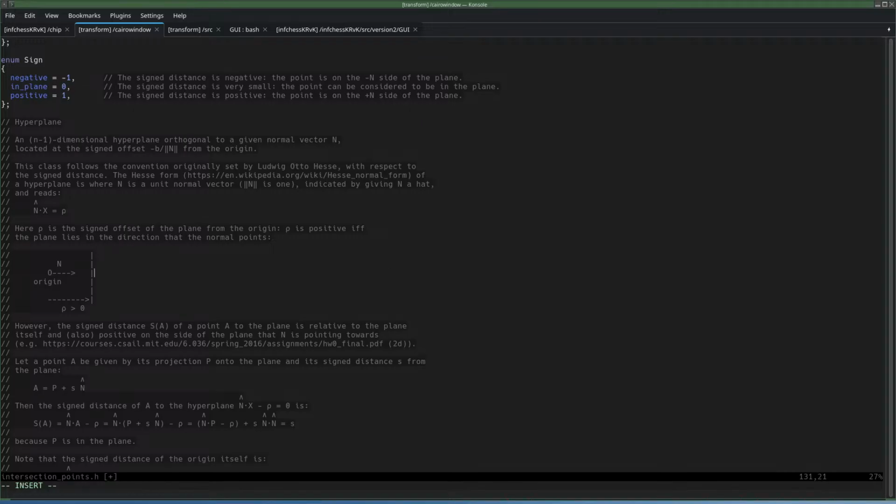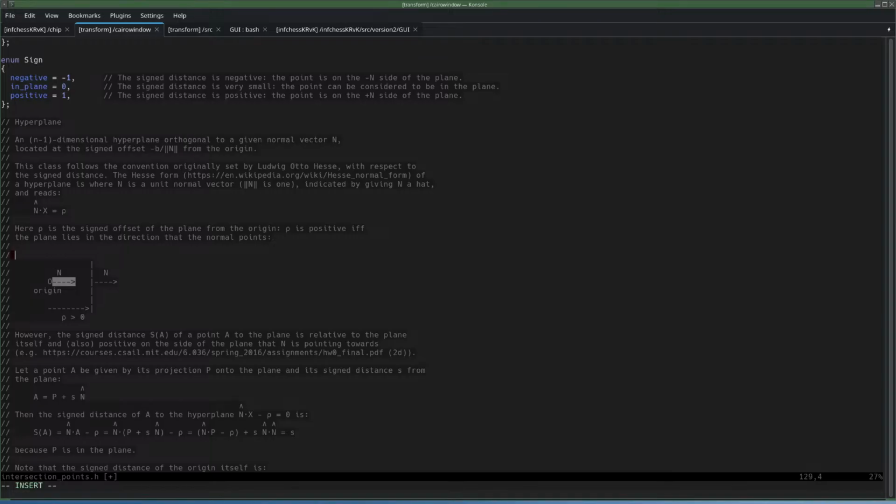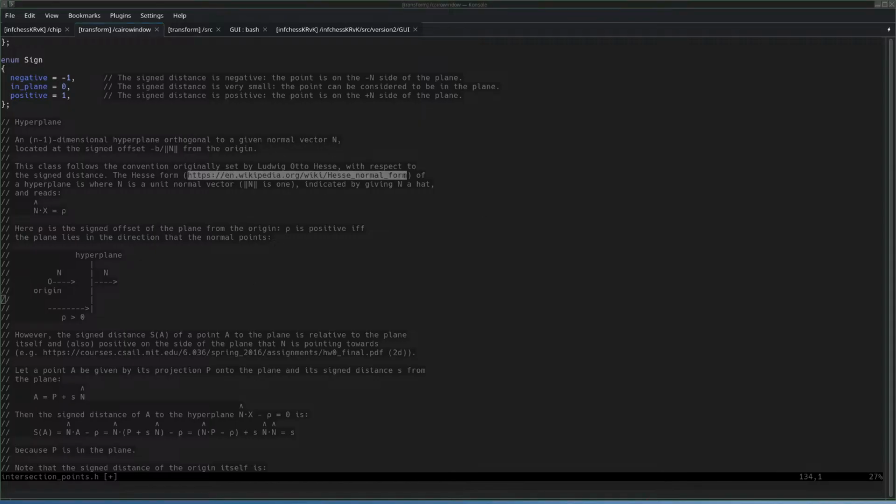I'm just copying basically the image from that Hesse page. Yeah, if anyone wants to look at it, I'll paste it in the chat.